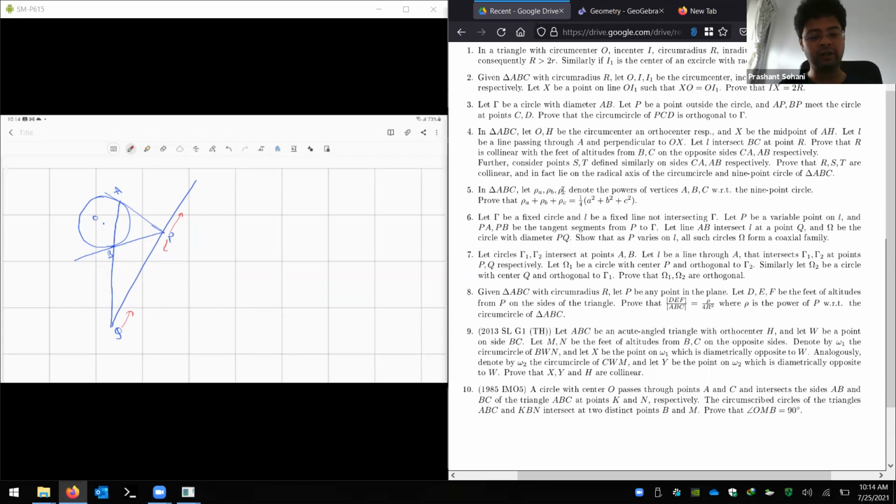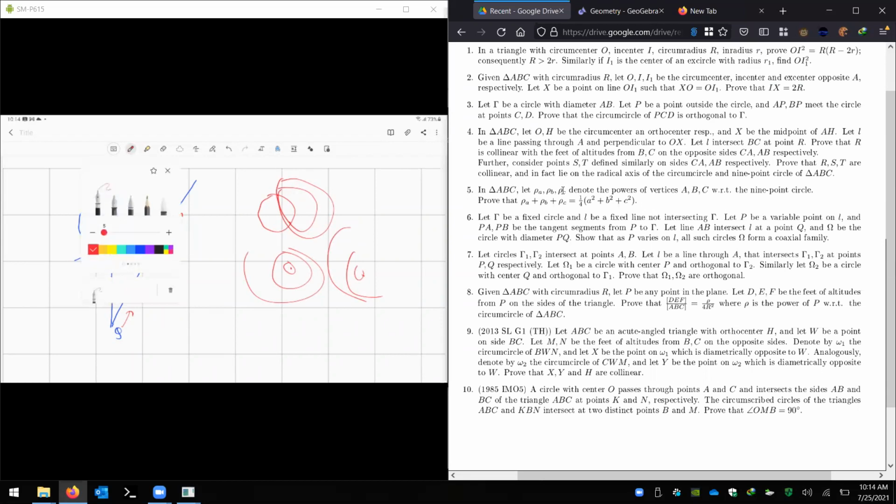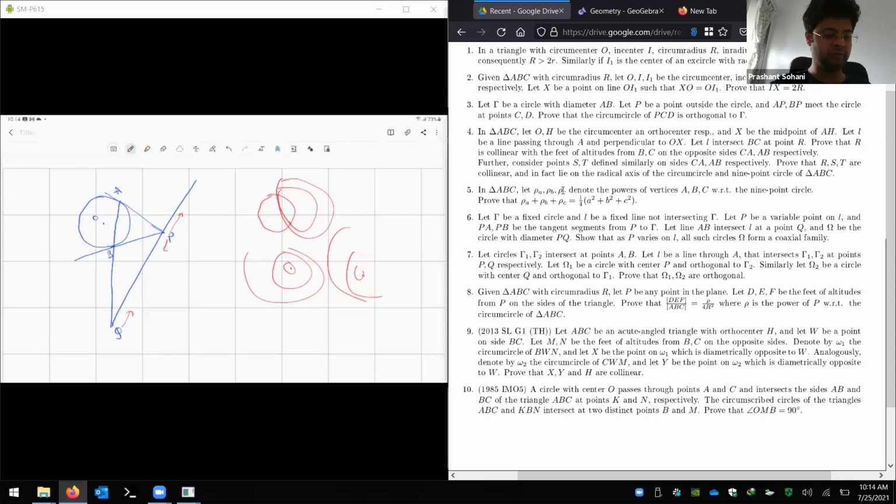One is the intersecting kind, which has two fixed points, so all the circles pass through two fixed points, and a non-intersecting kind, which is like the Apollonius family. Which of the two do you think this will be? Non-intersecting? No, it'll be intersecting. Why do you think that?